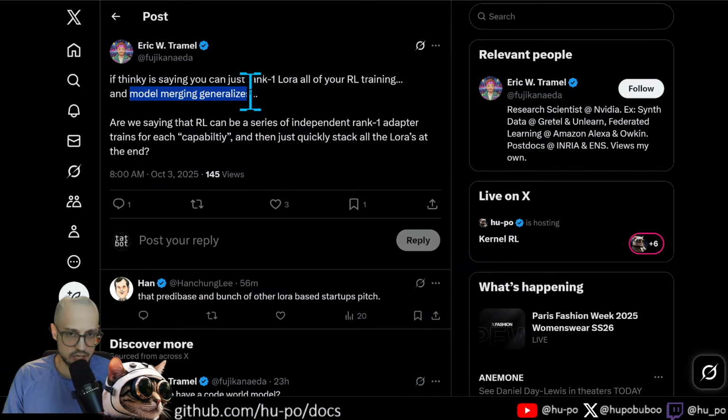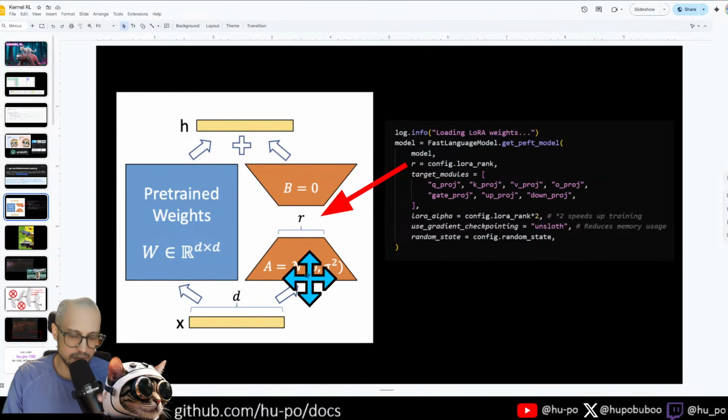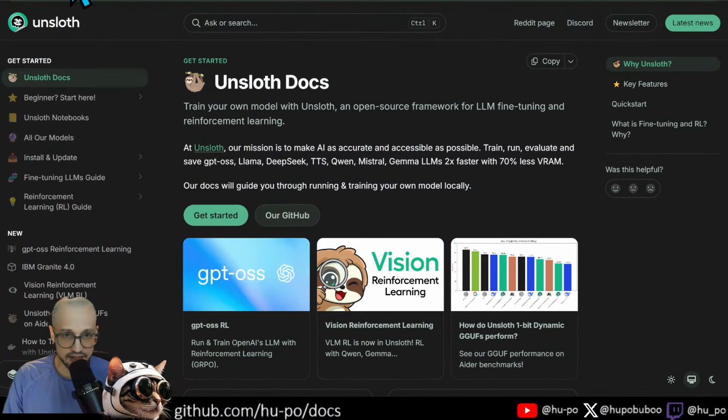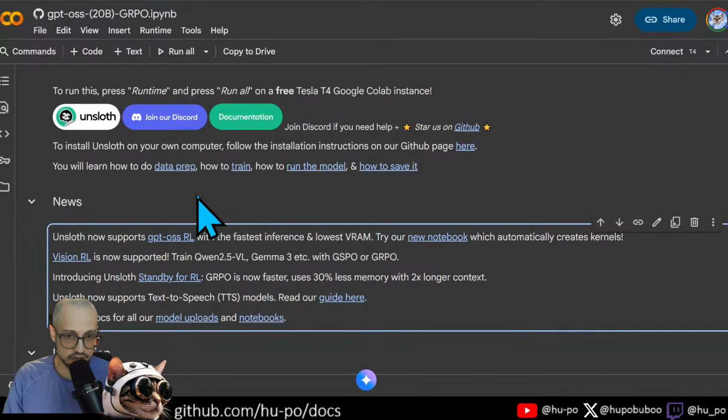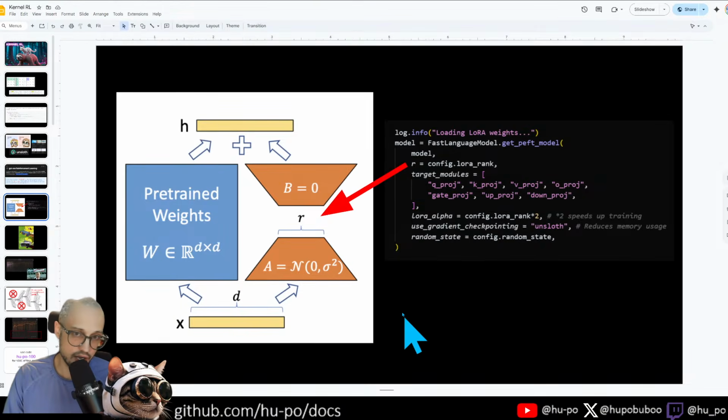Model merging generalizes in a series of independent rank 1 adapters. What he's referring to is that something people do with these LoRAs is combine them. So maybe you have a LoRA that modifies GPT OSS 120B to make it better at writing matrix multiply kernels, and then you have a different LoRA that makes GPT OSS 20B better at writing poetry.